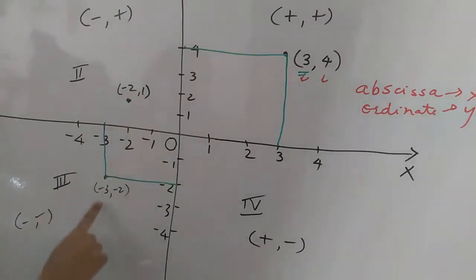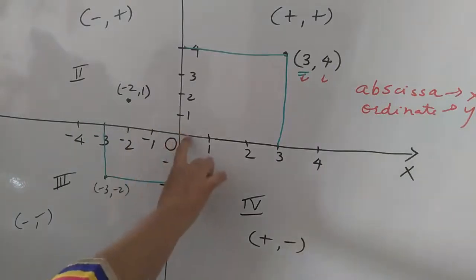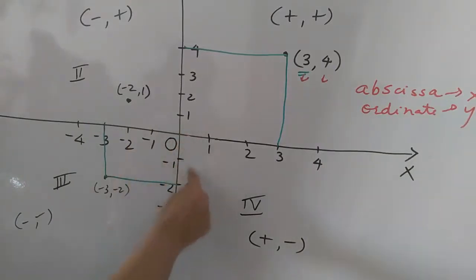So -3 is just the point, but distance on the x-axis is always positive. We do not write distance as negative; it always shows as positive. And on the y-axis it also shows 2 centimeters distance.